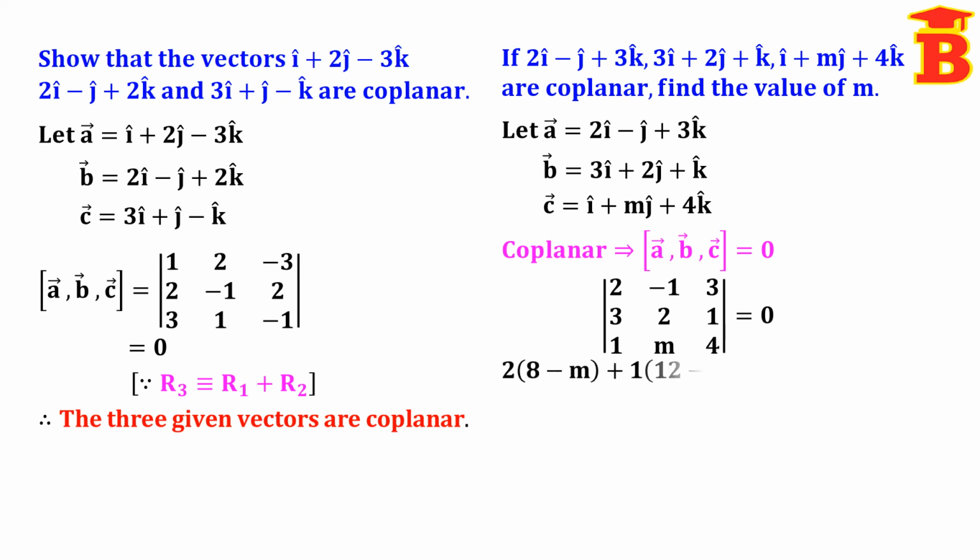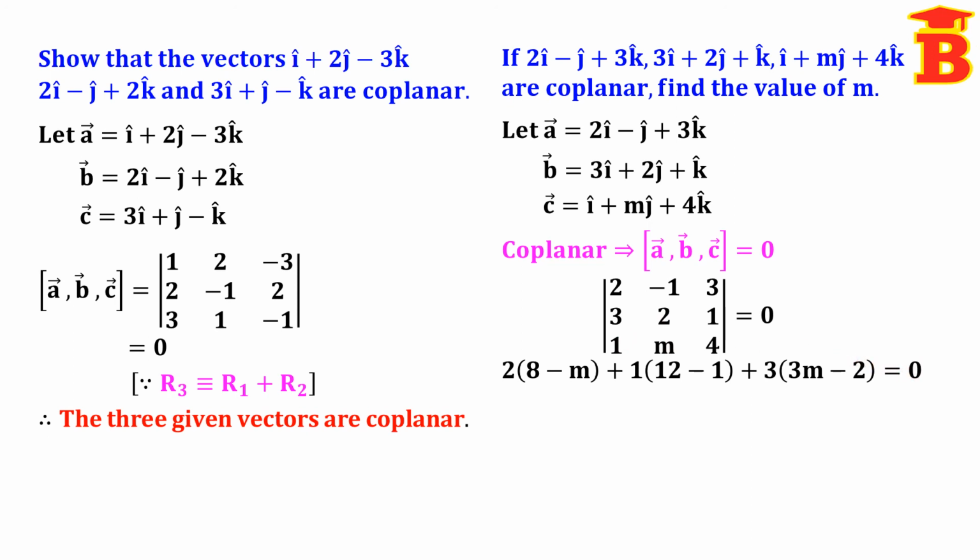Now expanding the determinant along the first row, we get 2 into 8 minus m, minus of minus plus 1 into 12 minus 1 plus 3 into 3m minus 2 equal to 0.